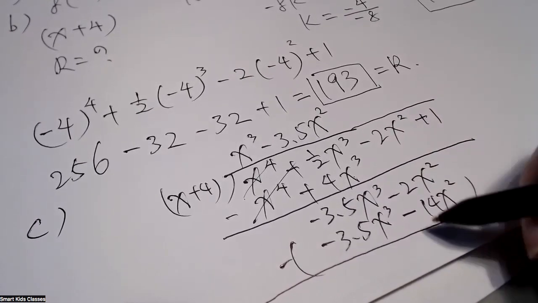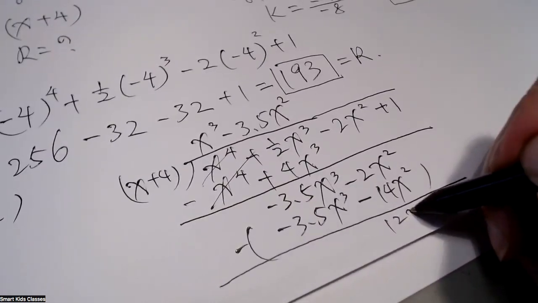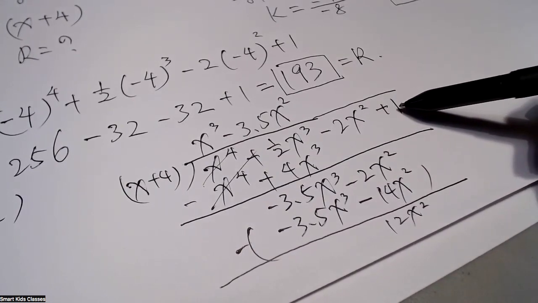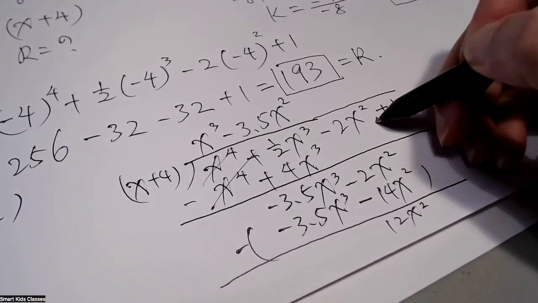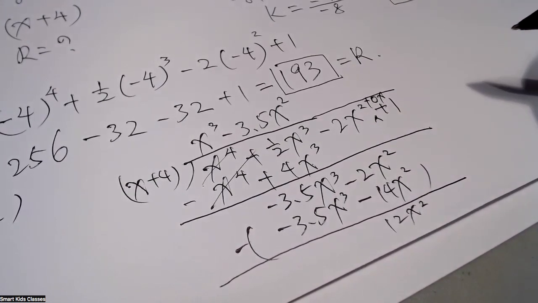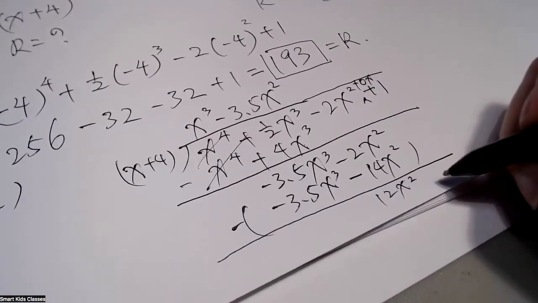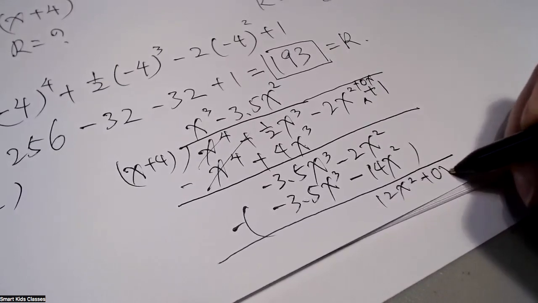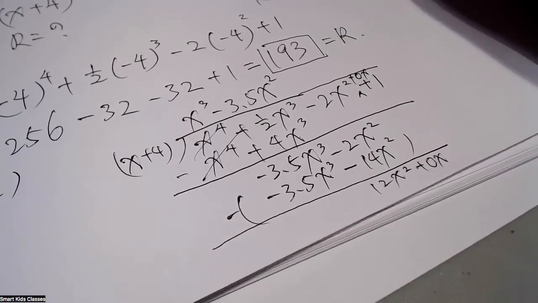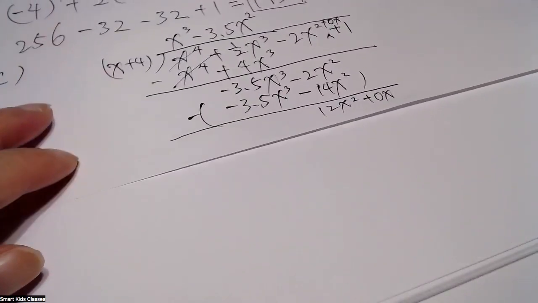So that's going to be 8. We have a 12. I'm running out of room. 12x exponent 2. We need the x here, so we actually need to insert plus 0x to take the position. So we're going to put here 8, 0x exponent 1. I'm going to use a second page and continue it.